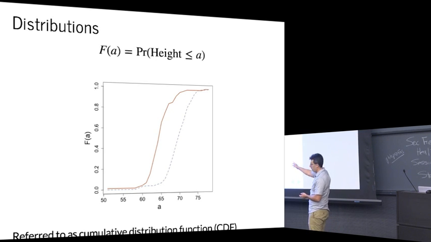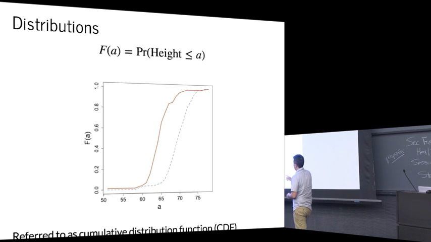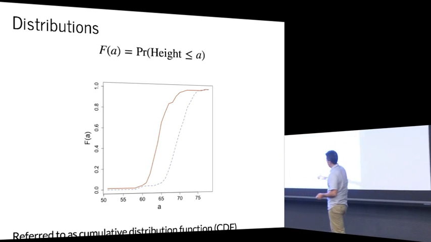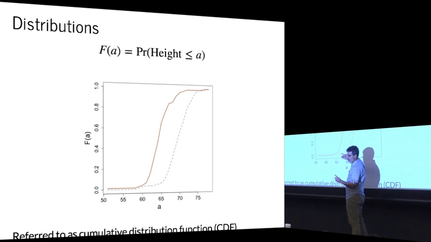For every A, where A is an arbitrary number, I compute the proportion of people who are shorter than that number. So there are 2 lines there. Anybody want to guess what those 2 lines are? Men and women, right? Males and females. So which one's males? The blue, or purple. It's purple and orange, not blue and pink.